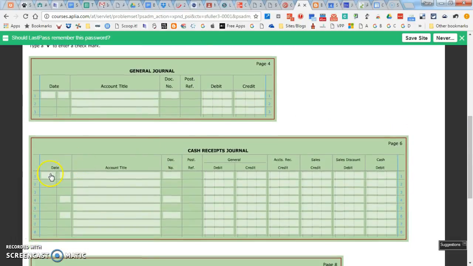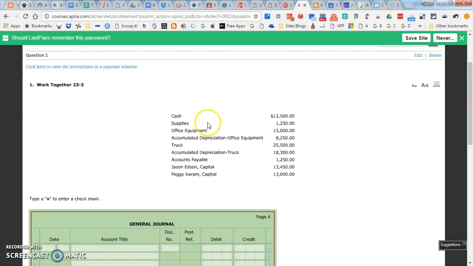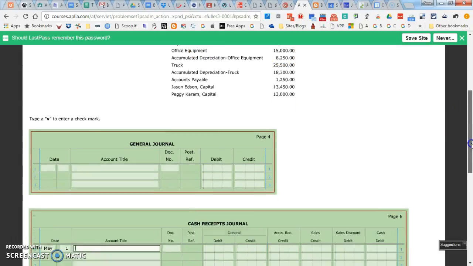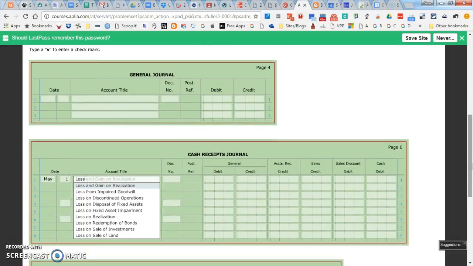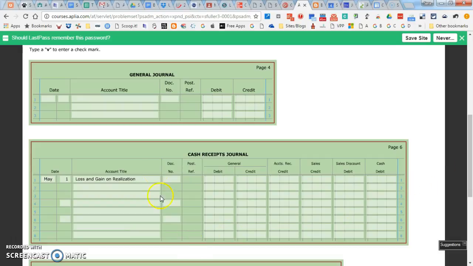So cash receipts, our date is May 1st. And so we only received $6,000. If we look up here, it was worth $15,000, so therefore we're going to lose some money. So our first account is loss and gain on realization.